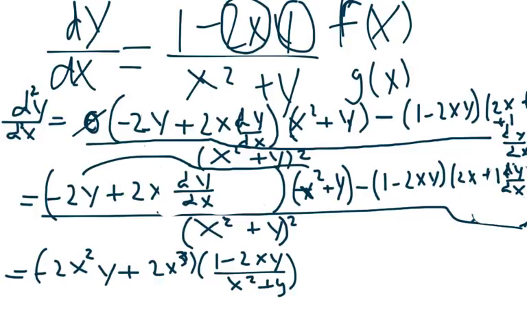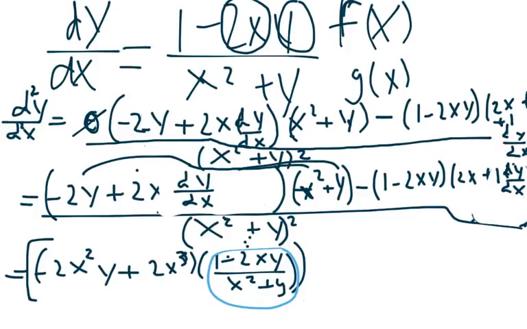That was supposed to be a parenthesis, my bad, and in the front it's supposed to be a bracket. You get 1 minus 2xy because you substitute in dy over dx. Now you're foiling with dy over dx to x squared plus y.